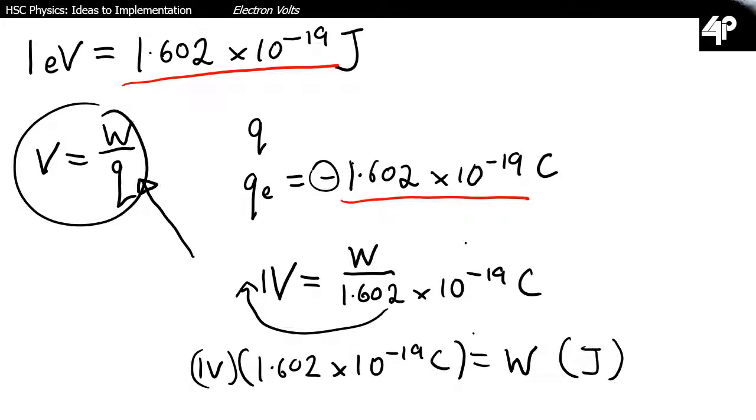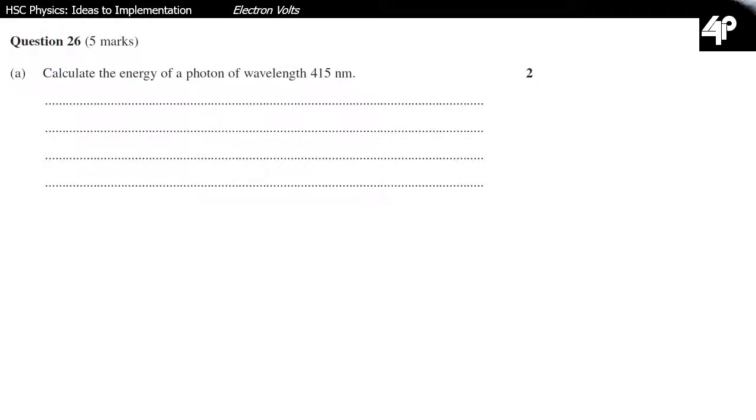So 1.602 times 10 to the minus 19 times 1 is 1.602 times 10 to the negative 19 joules worth of work. All right, now the definition of the electron volt isn't so critical to using it under exam situations. So let's have a look at the question and we'll go through it step by step, and when it comes to dealing with the electron volts, we'll cross that bridge when we come to it.